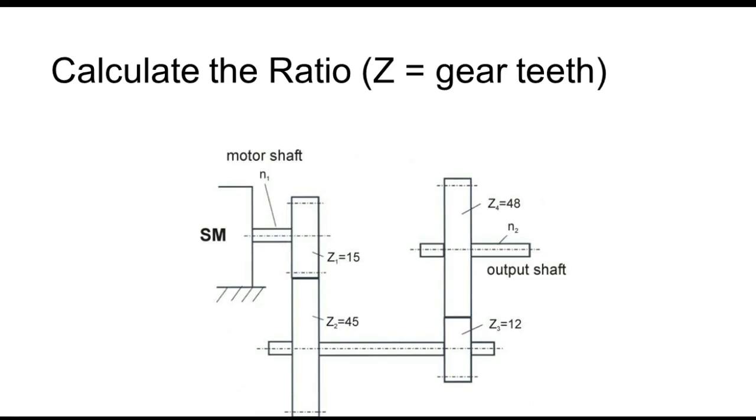Or 1/12. So if you're running at 1/12 the speed, but we produce 12 times the torque, right? Y'all understand that, yes or no? So it all depends on how the question is worded.